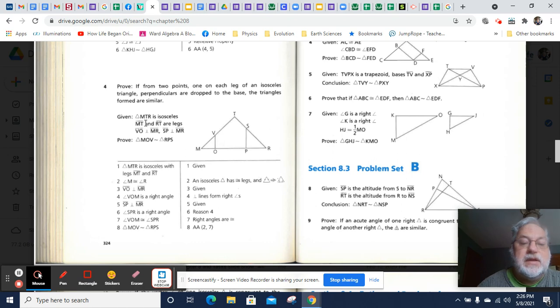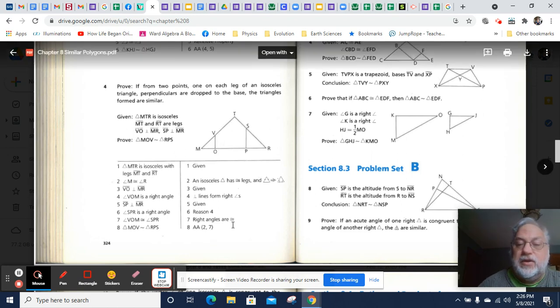So we've got MTR as isosceles, so that means this side is congruent to this. It also means angle M and angle R are congruent. Well, this is going to be pretty simple to do. We know it's isosceles, so M and R are congruent. And VOM and SPR are right angles and therefore are congruent as well. So you've got angle, angle.